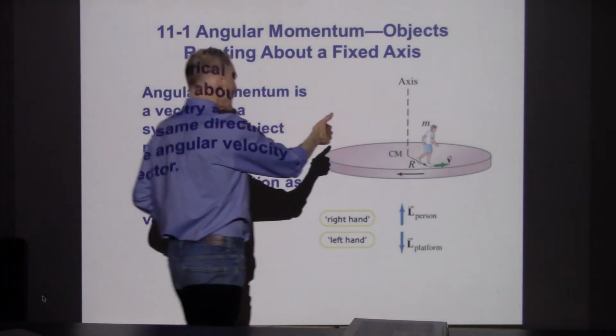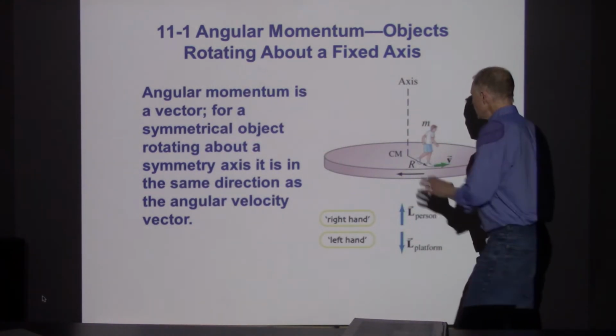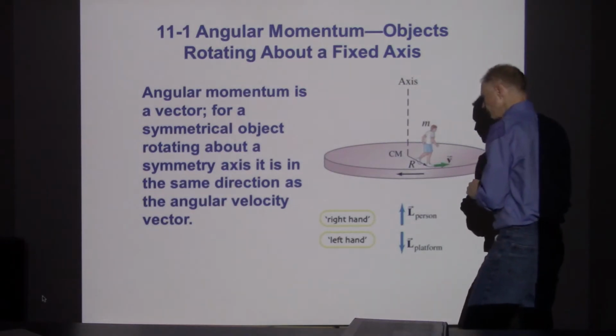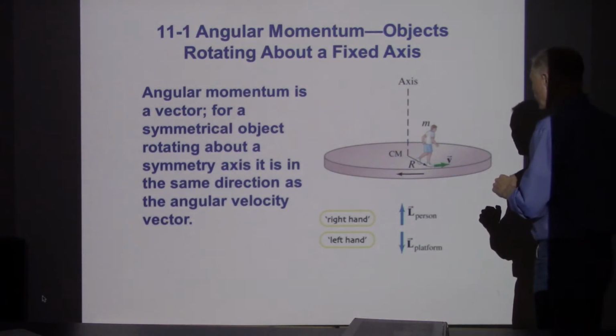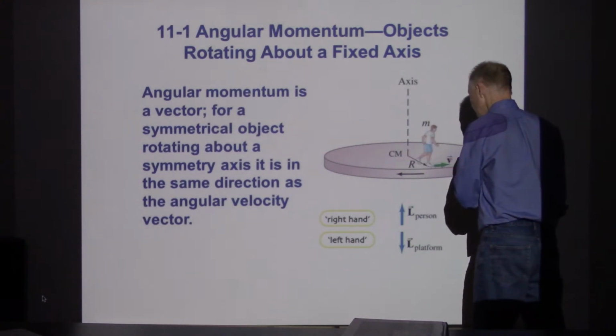So this person's angular momentum is designated as this direction, and then the left hand is keeping track of negative values.